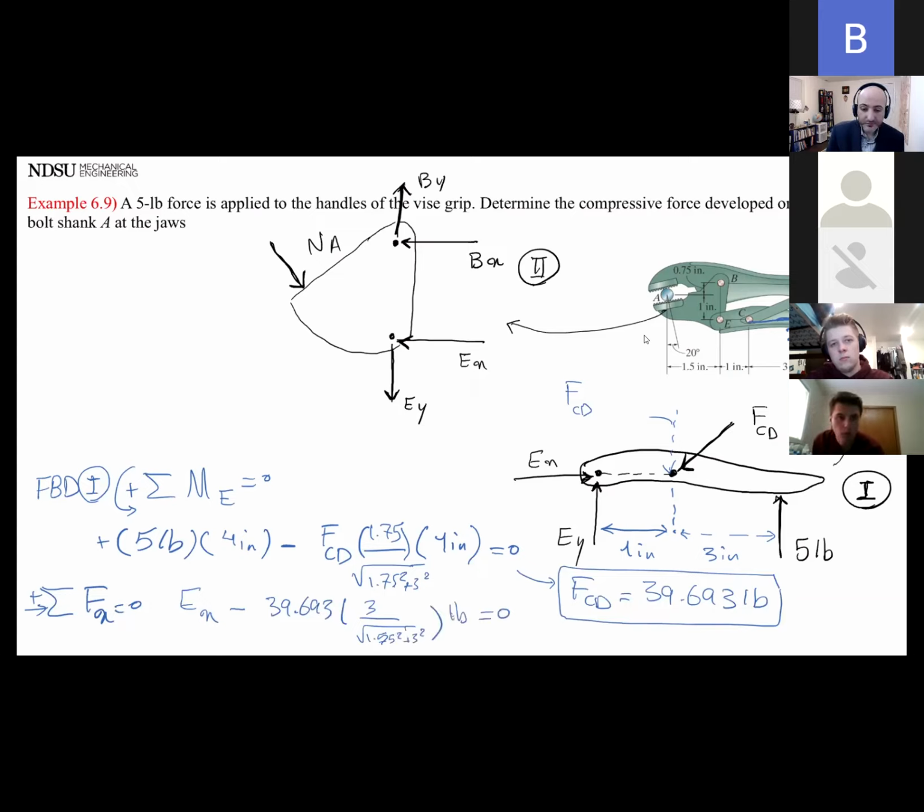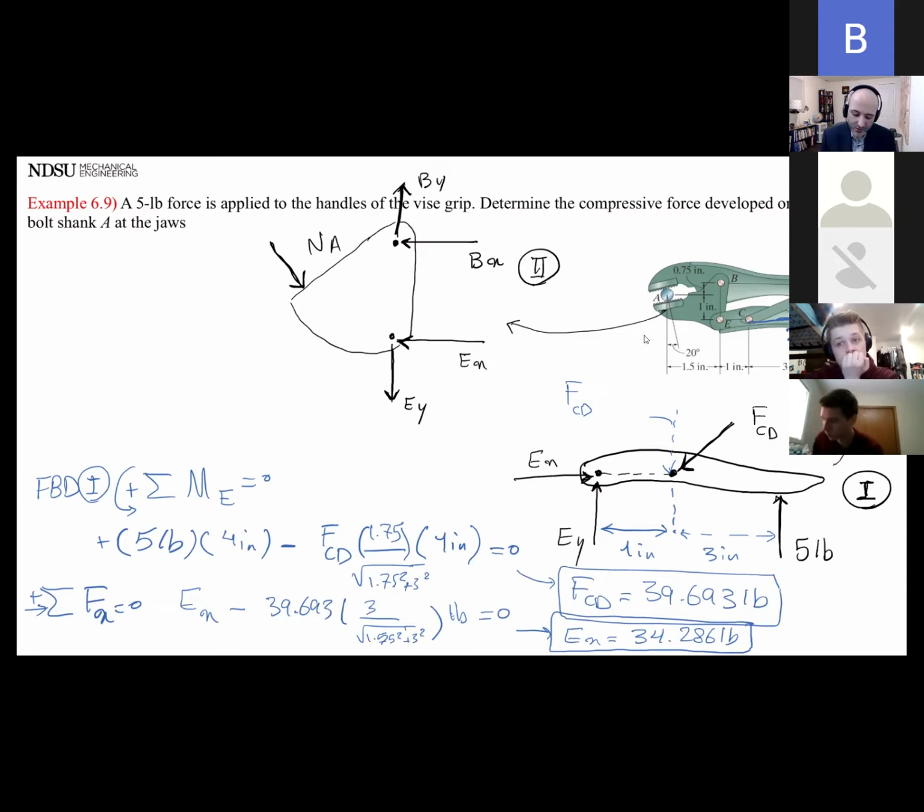It's going to be 0. EX is going to be 34.286 pounds. And you can do summation of forces in Y and find EY, which I don't care, and you're going to see why not. Questions about this one?